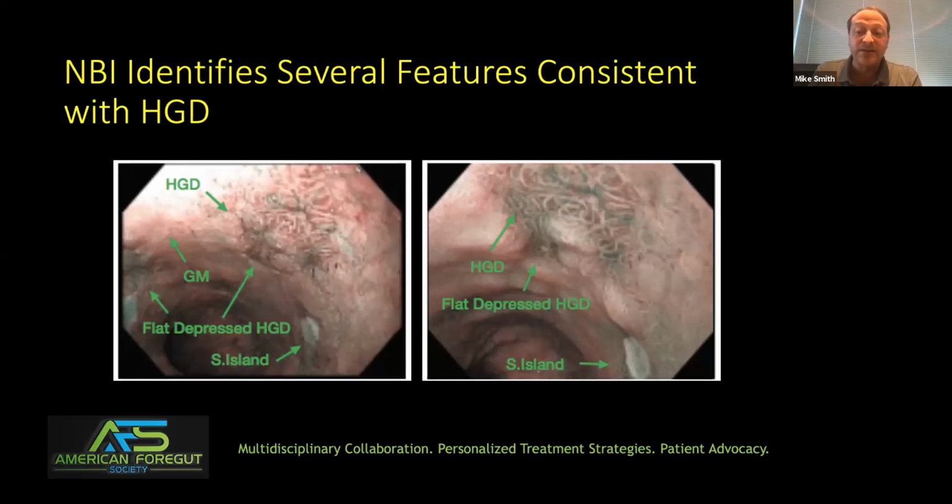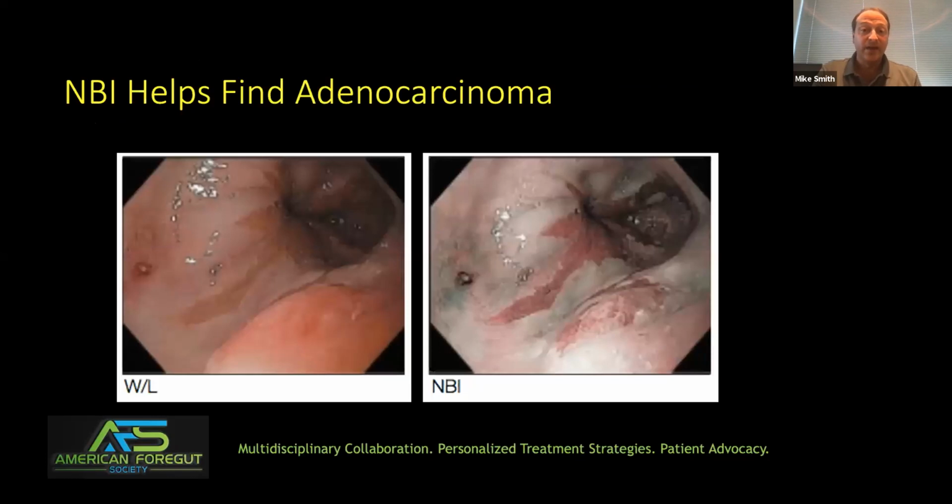You do see the squamous islands, and again, there's that contrast between the intestinal metaplasia and the squamous mucosa. But the subtlety that you would see is brought out and made much more in your face by the addition of narrowband imaging to the way that you're inspecting the tissue. And of course, you can also find areas of adenocarcinoma.